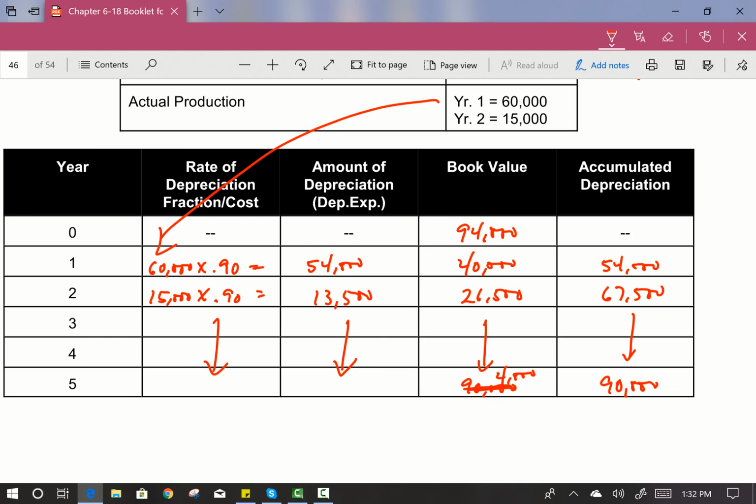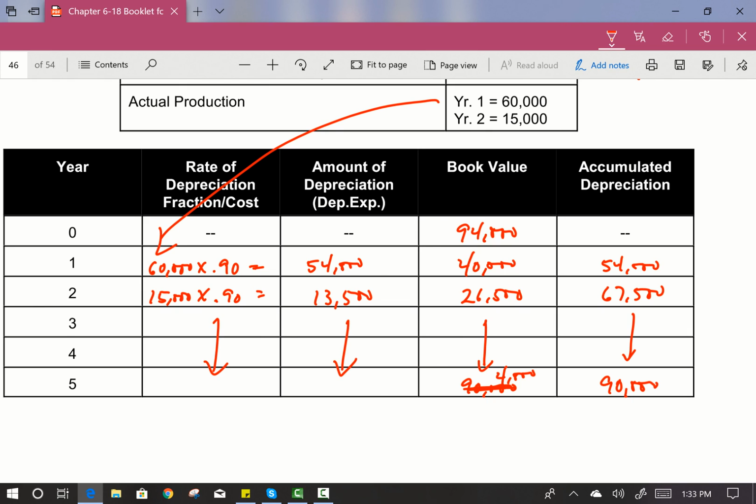And then with the units of production method, you have to know exactly how many units you're going to produce each year, but you take the unit cost of how much it costs to produce each unit times the number that you produce that year to get your depreciation expense.